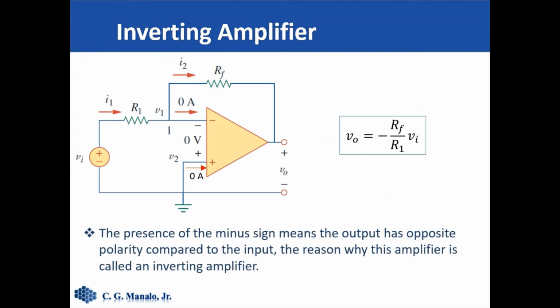So for an inverting amplifier with this configuration, if we compute for the output voltage, that would give us this answer. So for the closed loop gain, that would mean a negative closed loop gain equals this ratio.